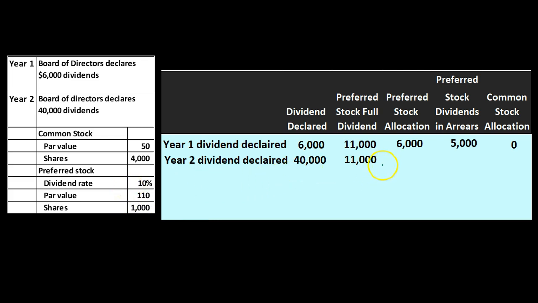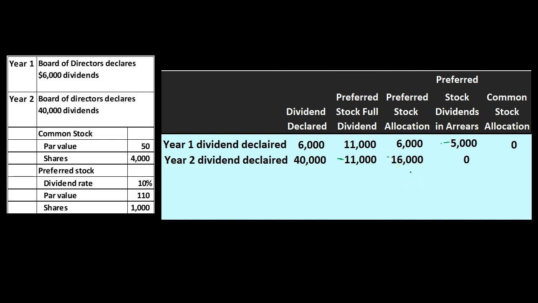And how much are they going to get paid? For the preferred, they're going to get that 11,000 plus the dividend in arrears, or 16,000. So we've paid off all these. These have been paid off, and we paid off the current amount in year 2 for the full 16,000.